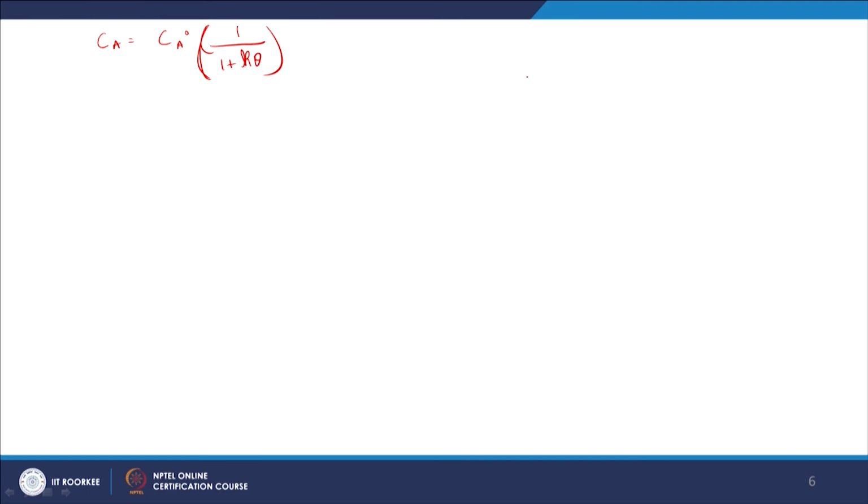So now again we need to find out what the concentration of B is, right. Same case as earlier, we are going to apply the stoichiometry. Again the stoichiometric equation for this is A goes to 2B, right, and for this let us see what we are going to have.